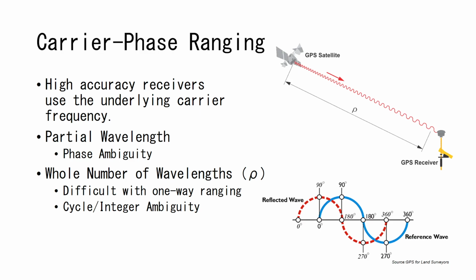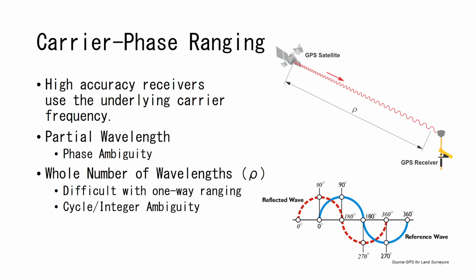If we think about a GPS satellite sending a signal out to our receiver, we've got a number of whole cycles that we need to determine to be able to find the length. We're going to call that rho. And then we have a partial cycle. There's going to be some partial piece of a whole cycle that finishes out that last little length.